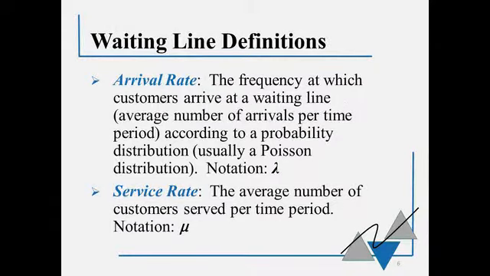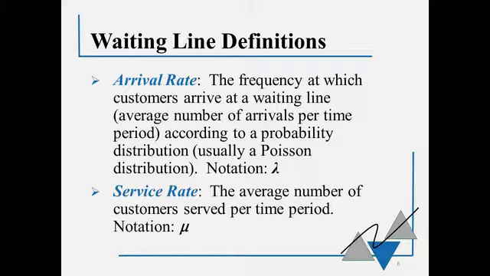The arrival rate is the frequency at which customers arrive at the waiting line. Usually this is given as so many customers per minute or so many customers per hour. We are going to assume that this is a Poisson distribution. If you haven't had statistics yet and you don't know what that means, don't worry about it. It's not critical to understand this distribution to be able to do the work in Chapter 13.